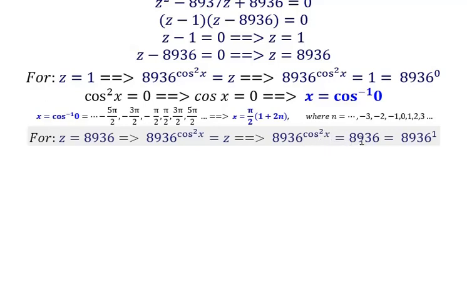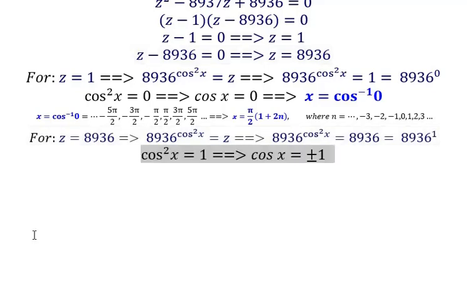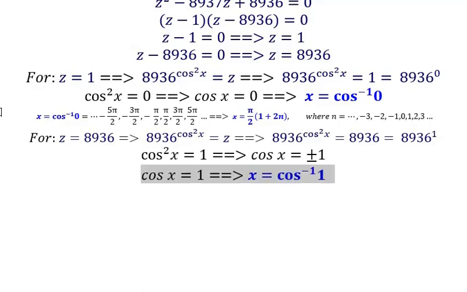That means 8936 to the power of cosine squared x is equal to 8936, and we know this is equal to 8936 to the power of 1. That means cosine squared x is equal to 1. So that means cosine x is equal to plus or minus 1.